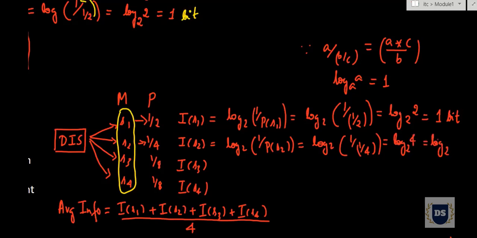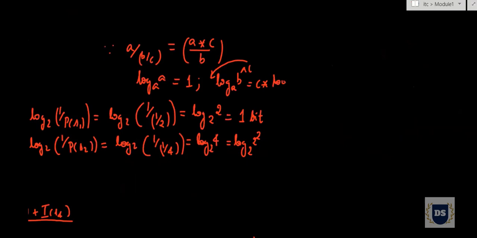I can rewrite 4 as 2 power 2. Again, one of the logarithmic identities says that log to the base a of b to the power c can be rewritten as c times log to the base a of b.